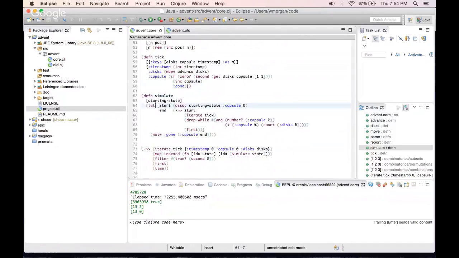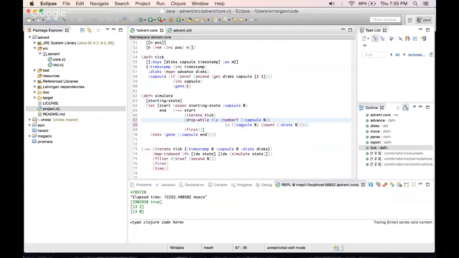So here's our simulator. If we drop a capsule in a certain starting state, then we iterate this state transition function until we get to a stopping condition. Another way to represent this that might be a little more clear would be, is the capsule gone? Let me not fiddle around with this binary logic too much.